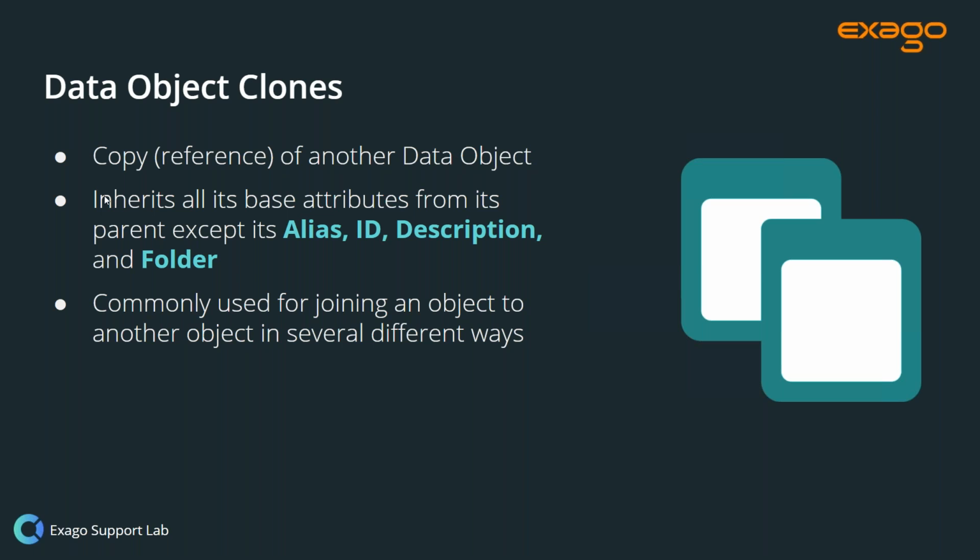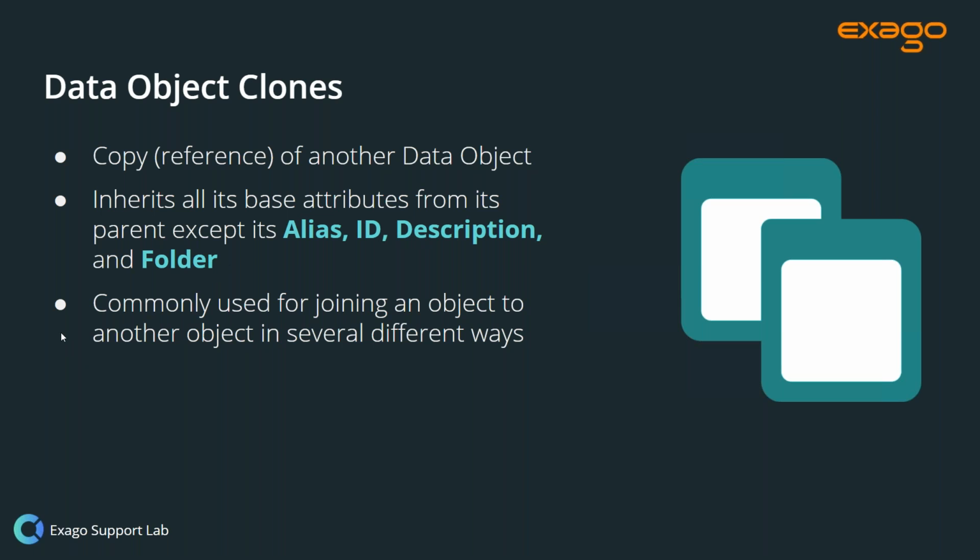What that means is the clone is going to inherit all the base attributes, the column metadata, the various properties on the data object, except the alias, the ID, and then optionally the description and the folder.